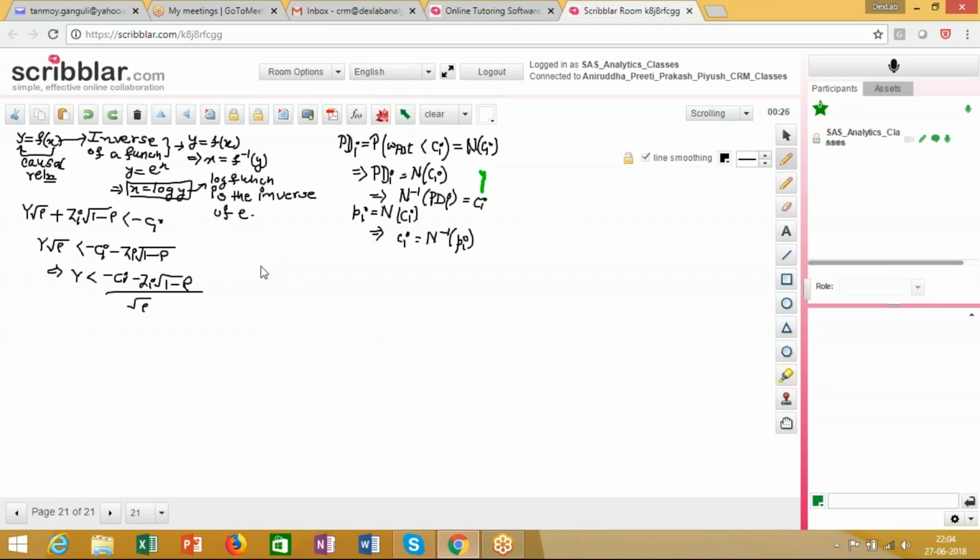Okay, standard normal distribution. No, this is not standard normal distribution because it's not of the form x minus mu by sigma. It's not of that form. What am I trying to do exactly?